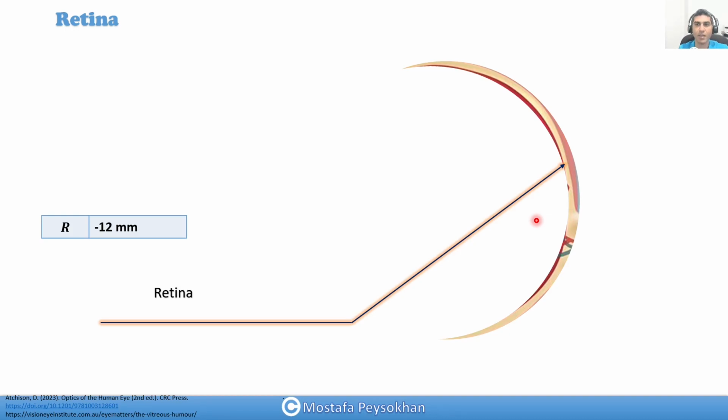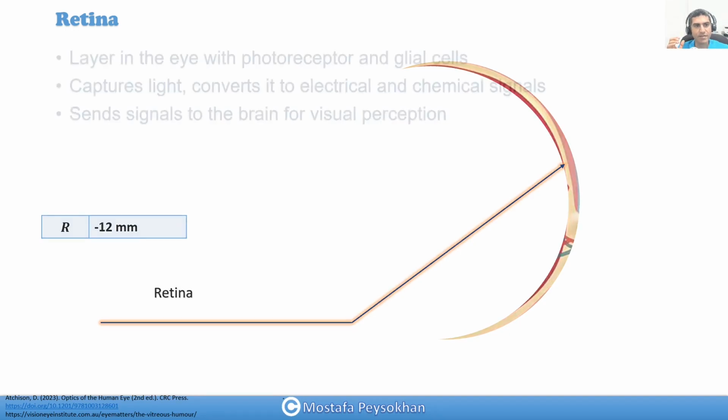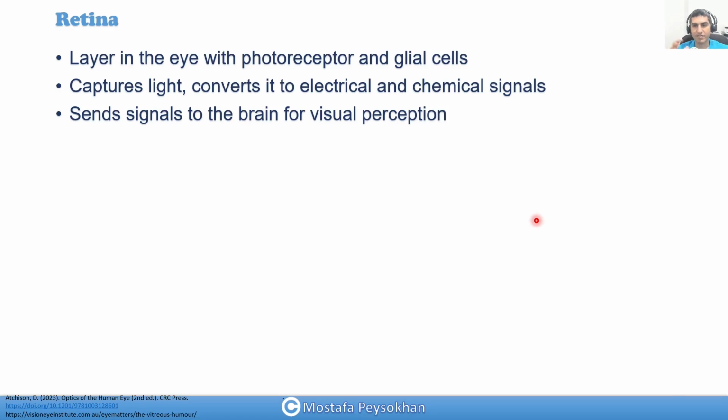It has different layers with photoreceptors and glial cells, where some are color photoreceptors and some are intensity photoreceptors. The image that appears on the retina is not exactly the image that we see in our brain, because our brain fixes that image.